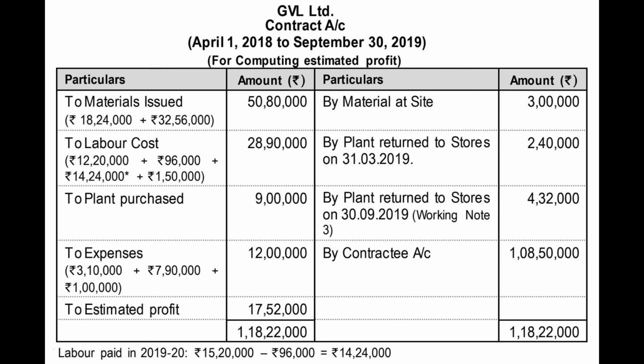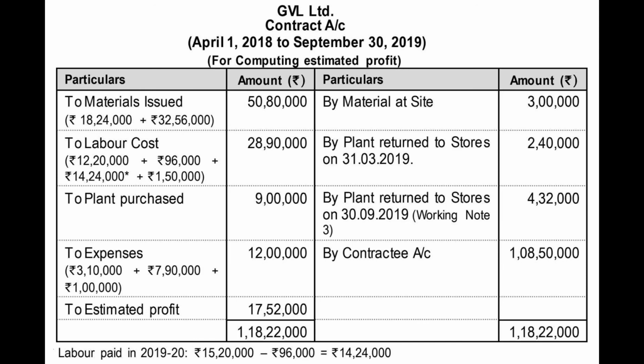That means expenditure is paid but not related to this period. Expenditure incurred in the next period but it was paid in the previous financial period. That is the reason why it was deducted from 4 lakh and added with 7 lakhs. So the total expense is nothing but 4 lakh minus 90,000 is equal to 3,10,000. 7 lakh plus 90,000, 7 lakh 90,000.